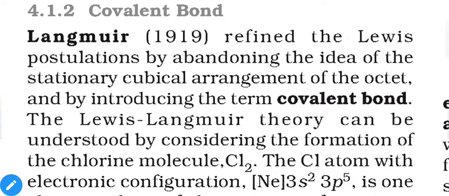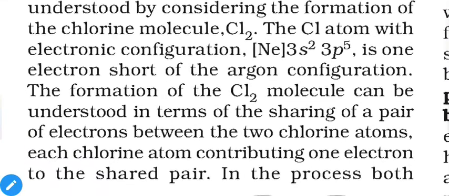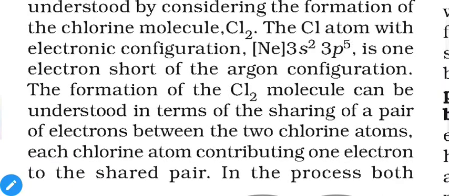The Cl atom with electronic configuration neon core 3s2 3p5 is one electron short of the argon configuration. It contains 17 electrons, and to gain a noble gas like configuration, close to argon, it only needs one electron.